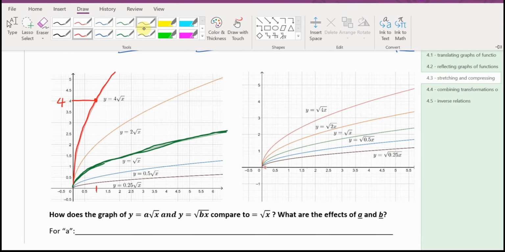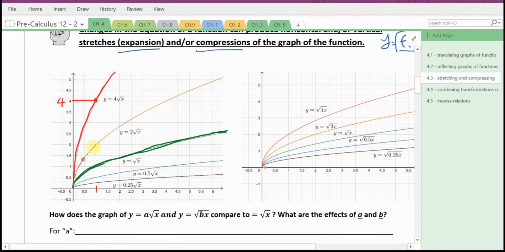For the orange graph, I don't really have an orange color here, so I'll use red still, but I'll do it with dash. For this graph, 2 times root x, when x is 1, if we go up, that's right here, the y value at x equals 1 is 2.